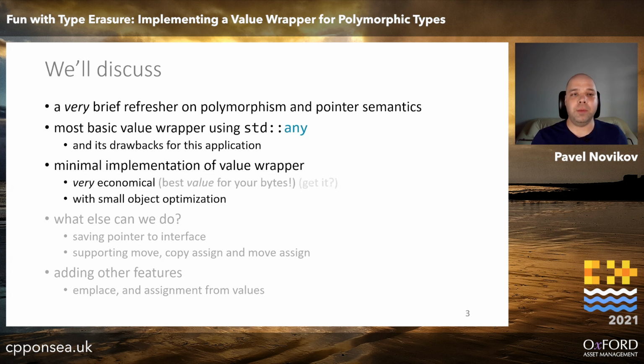We'll implement our own minimal implementation of a value wrapper, very economical, also with small object optimization. We'll see what else we can do, and in the end, if we have time, we'll look at some other things we can do to improve our implementation and make it more useful.